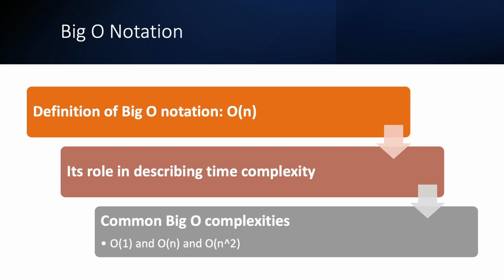So again, imagine you have different superheroes and you want to know which one is the fastest. Big O notation helps us compare these superheroes by looking at how their speed changes when they have different tasks to do. It's like figuring out if a superhero is super fast all the time or only when they have a specific job to do.